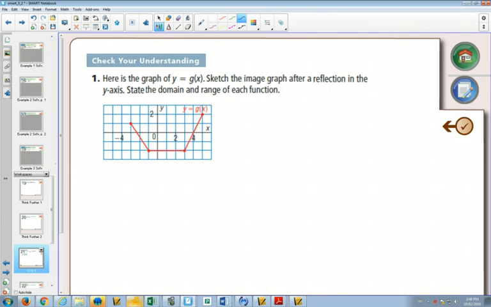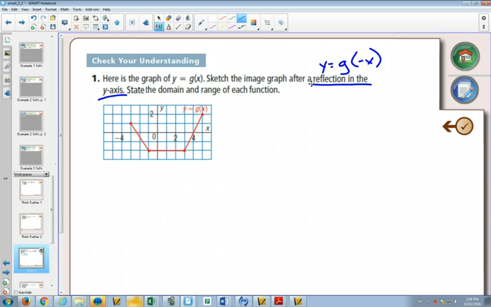So when we see this reflection in the y-axis, a reflection question can be written that way. They could have also written this same question by asking you to do, since this function is g, this question could have been written this way. Can you see that that's the same question just written in a different way?